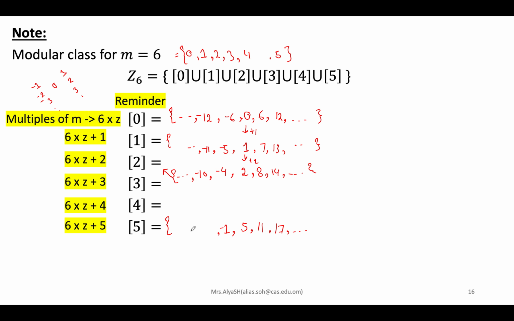And then 6 times -2 is -12 plus 5, which equals -7, and so on. So moving from one set to another, you just need to add 1, and moving from one element to another in the same set, you just add 6.